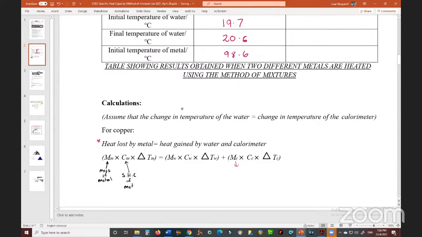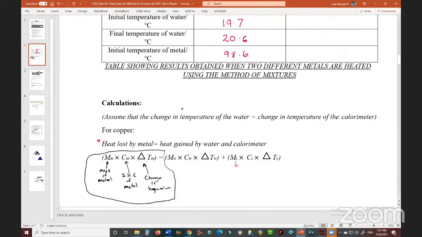This is what we're trying to find. Also, delta T, the triangle, means what? Anybody remember what the triangle means? Change, yeah, very good. So change in temperature. And all of this side is for the metal.